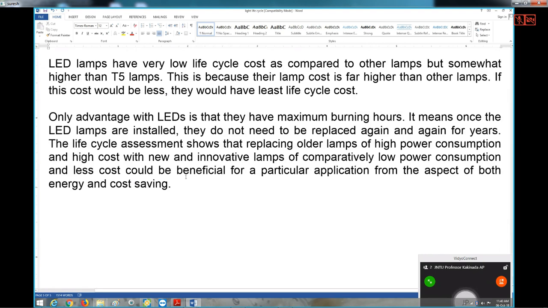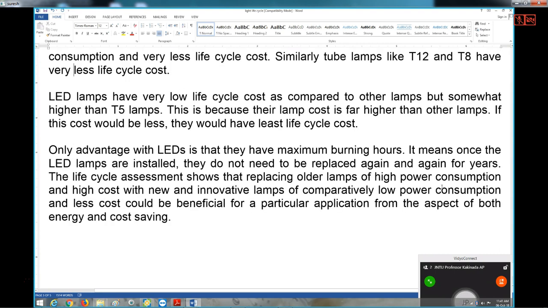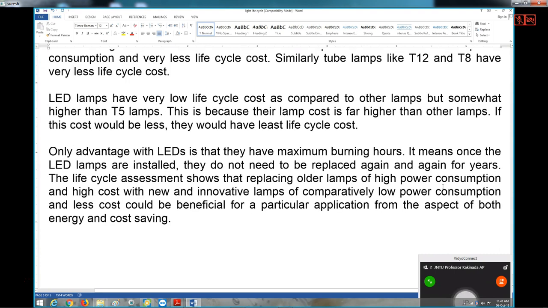The life cycle assessment shows that replacing older lamps of high power consumption and high cost with new and innovative lamps of comparatively low power consumption and less cost should be beneficial for a particular application from the aspect of both energy and cost saving. So here we have seen a comparison among all the available lamps and the life cycle costing analysis of lights.